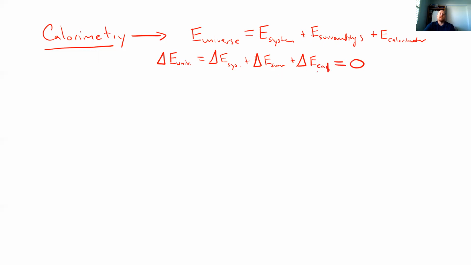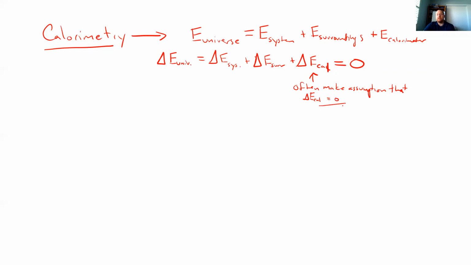The energy of the universe isn't going to change. We will often approximate the energy change of the calorimeter as 0 as well, or often make the assumption that delta E of the calorimeter is equal to 0.